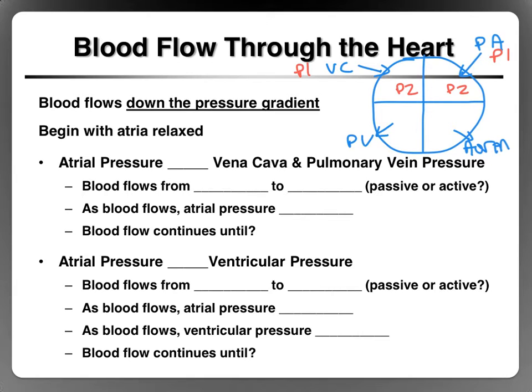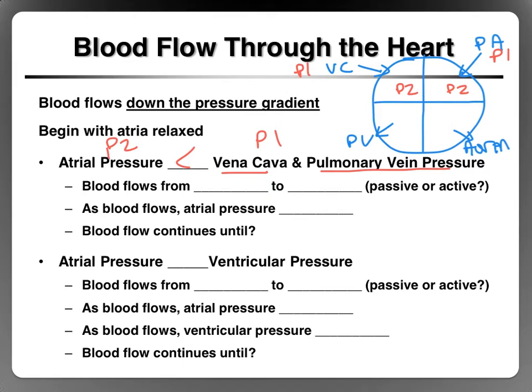P2 is the pressure in the atria, which is very low when the atria are relaxed. And this sets up a natural pressure gradient such that the pressure in the vena cava and the pulmonary vein is higher than the pressure in the atria. So P1 is greater than P2. Therefore, blood is going to flow from P1 to P2.